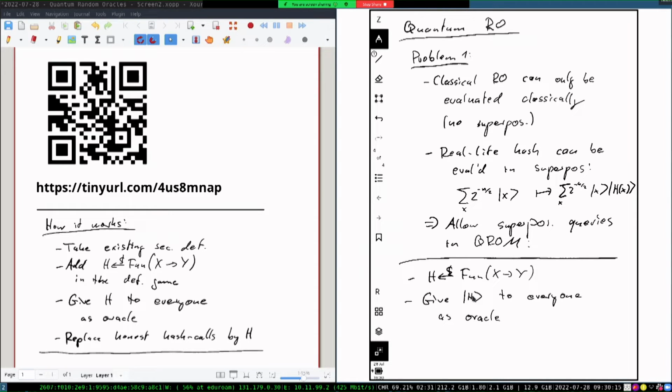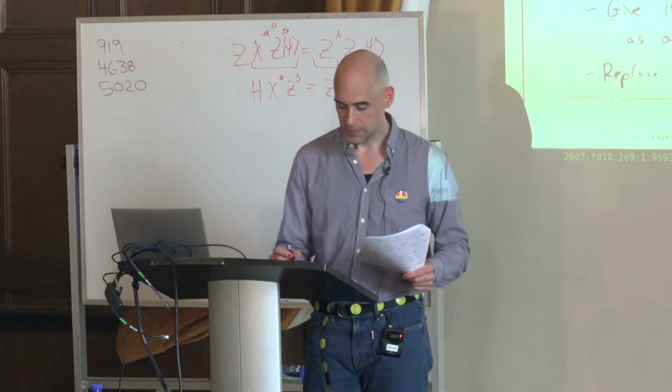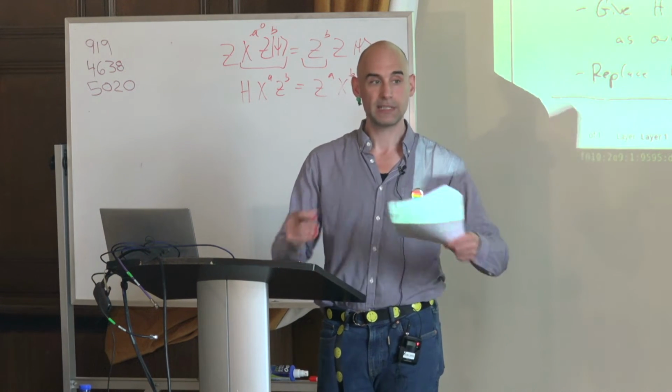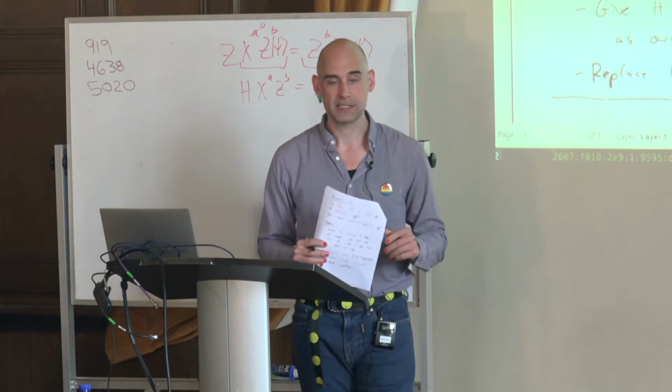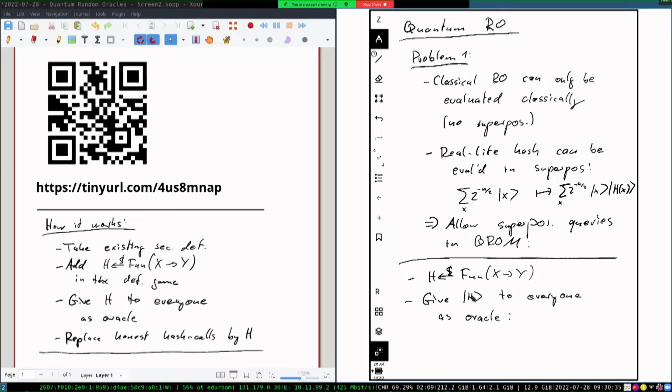So what does it mean I give h as an oracle? Well, it is also something we saw on the second day in the quantum overview. It means that the adversary, instead of getting some classical box that applies a classical evaluation of h, gets a box that computes the unitary U_H that maps values x and y to x and y XOR h of x.